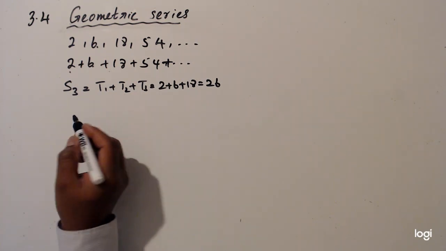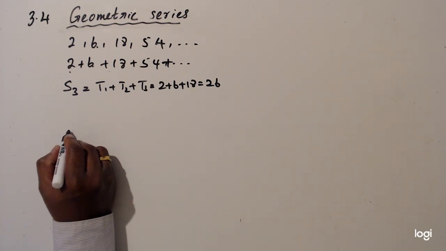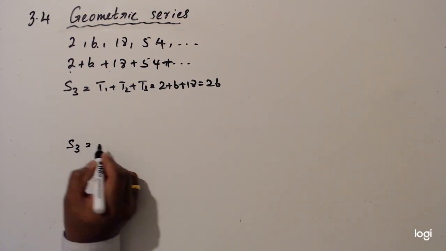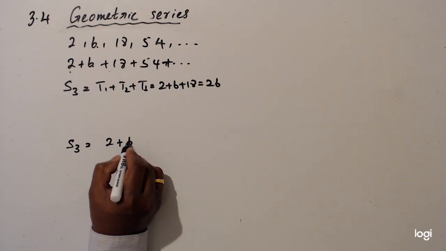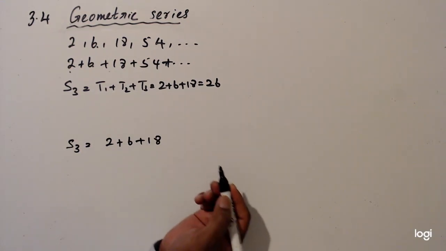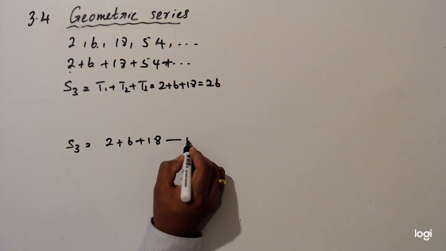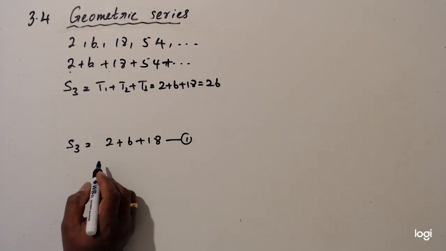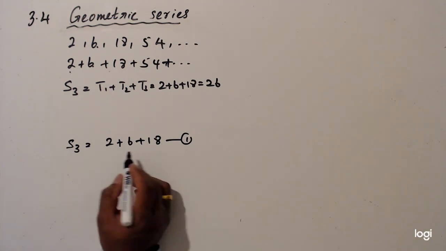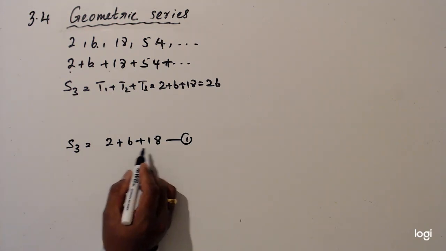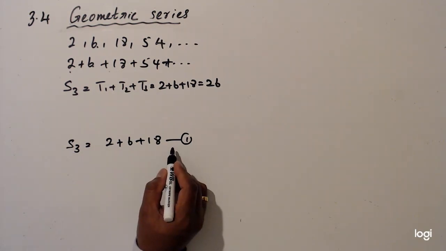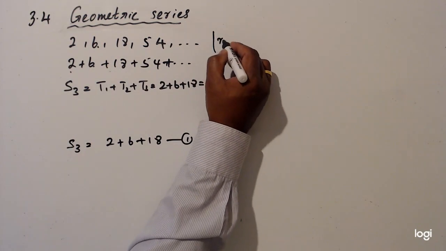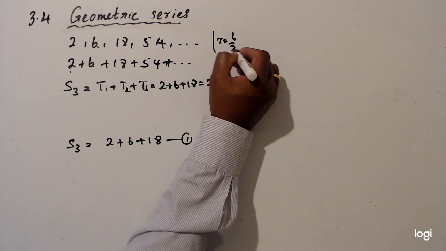So we'll find this 26 in a different method. I'll write S3, that is 2 plus 6 plus 18. I'll name this one as first, and I'll multiply this equation by the common ratio. What is the common ratio? r is 6 divided by 2, that is 3.